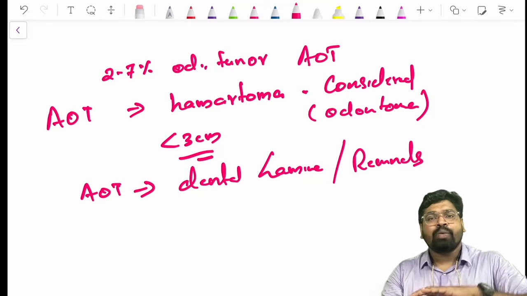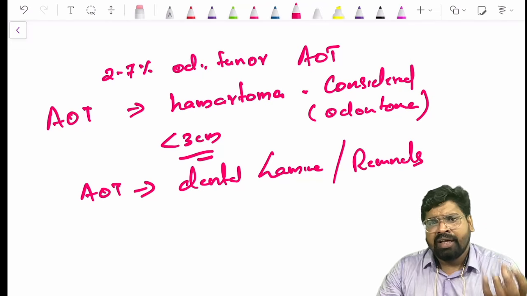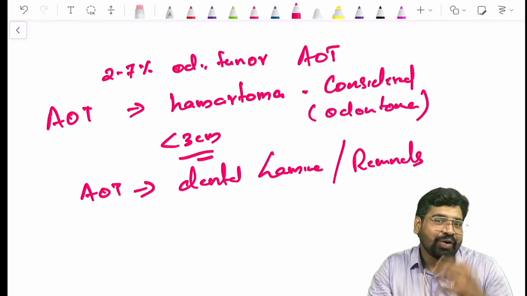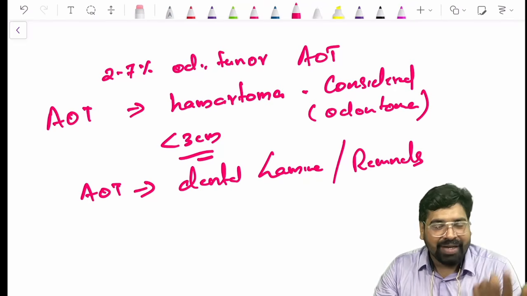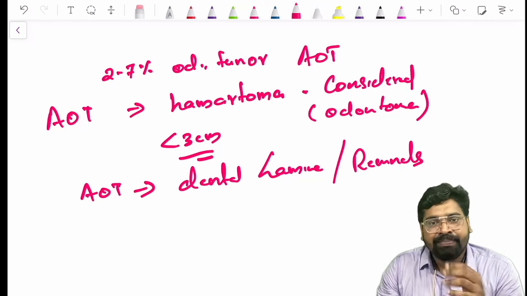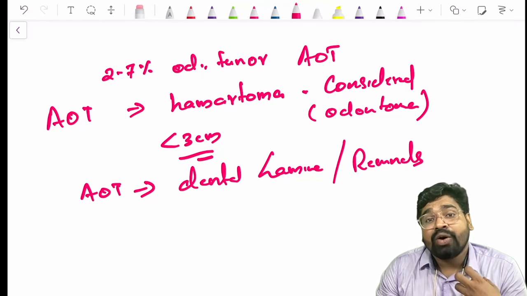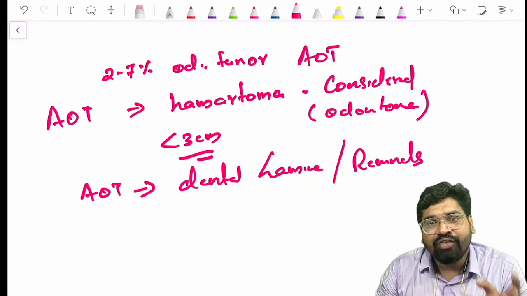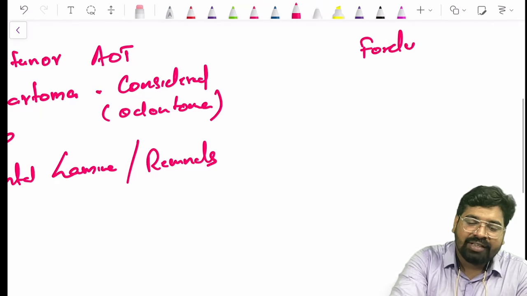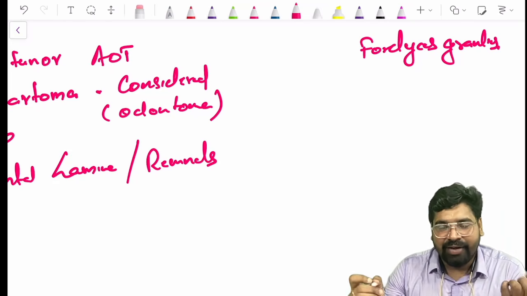So what is the opposite of hamartoma? A small growth from a cell that is non-native to that area. We saw it when discussing developmental anomalies. Just give an exercise to your brain: do you remember Fordyce's granules? If not, please go and see the video on developmental anomalies.